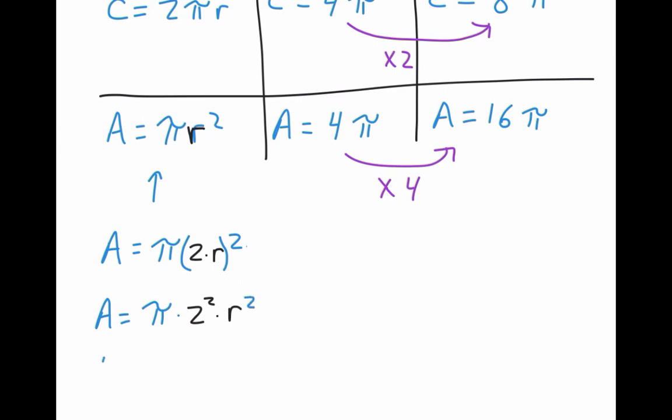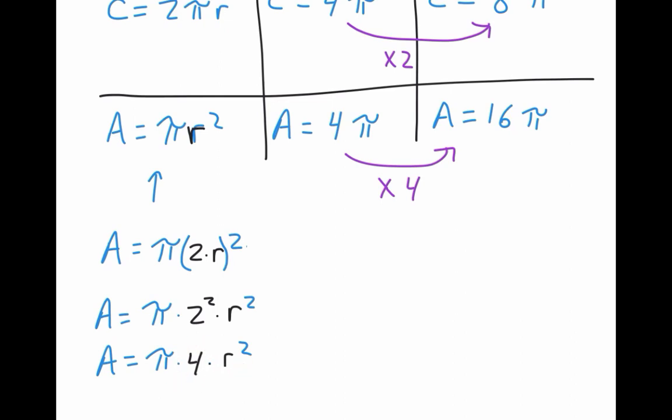And now as I finish off my problem, I have pi times 4 times r squared. So you'll notice my equation here is almost identical to the equation above. I have area equals pi r squared, area equals pi r squared. The difference is this times 4 in there.